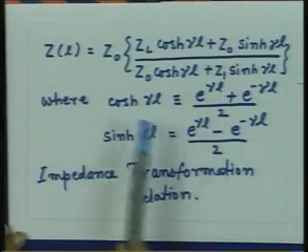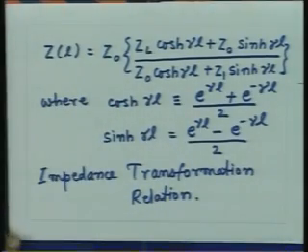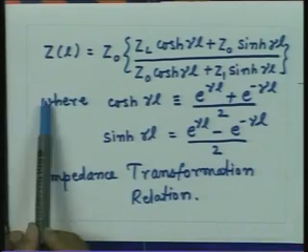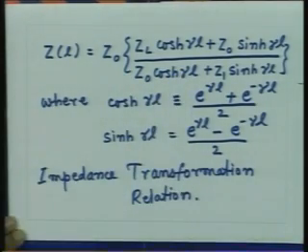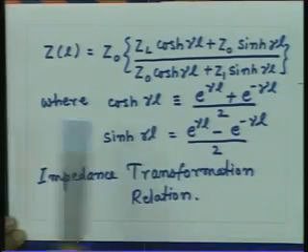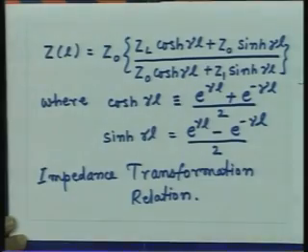When we go to high frequencies, even the length of a connecting cable is important, because the impedance transformation which the cable does might change the impedances seen by the actual circuits connected to the end of the connecting cable. So, the important thing to note here is that whenever we have a distributed element, which is what we started with, the impedance seen at the input end of the transmission line will in general be different than the impedance connected to the load end, and the impedance transformation will essentially be done by the line.